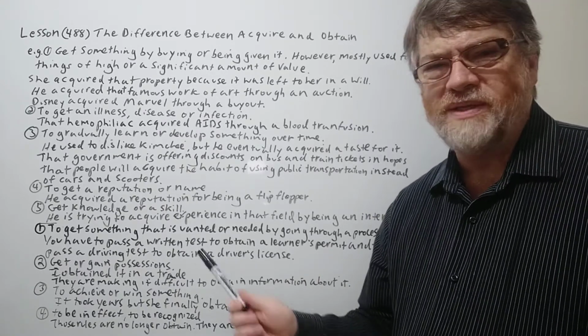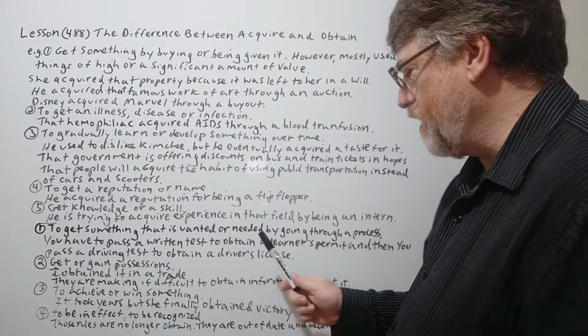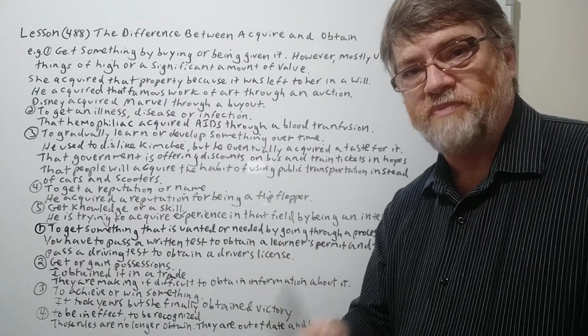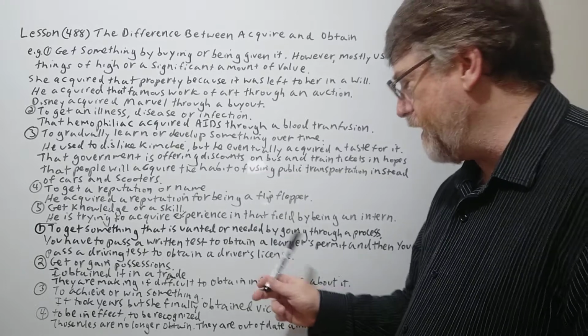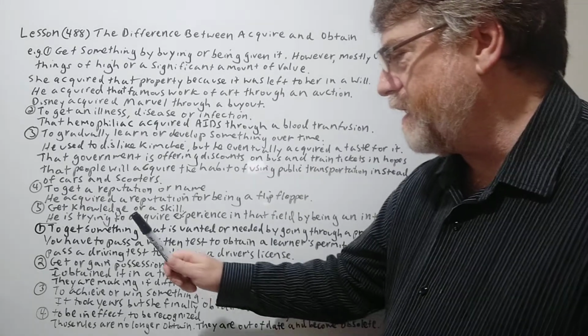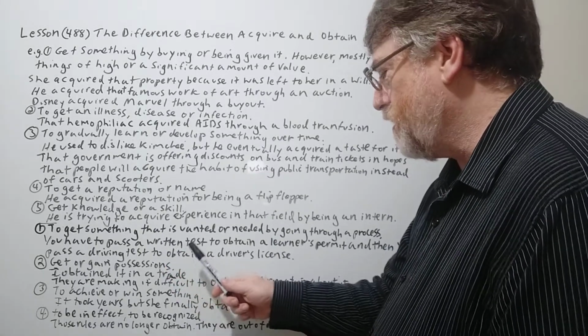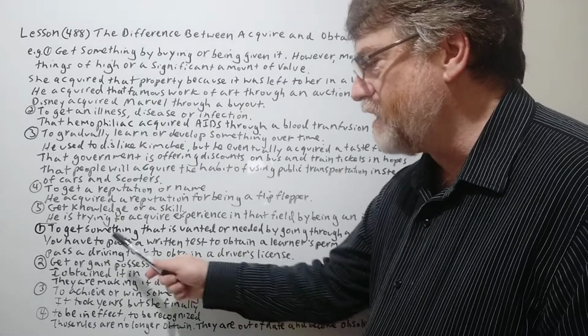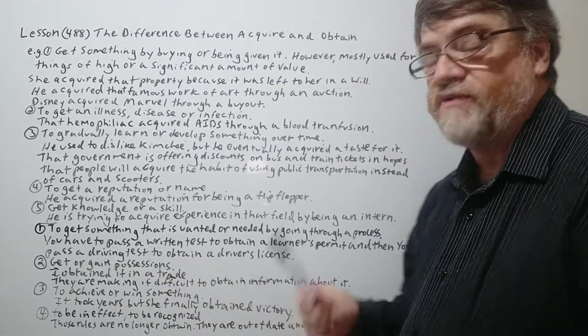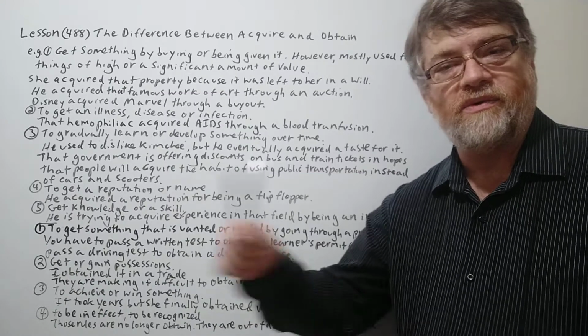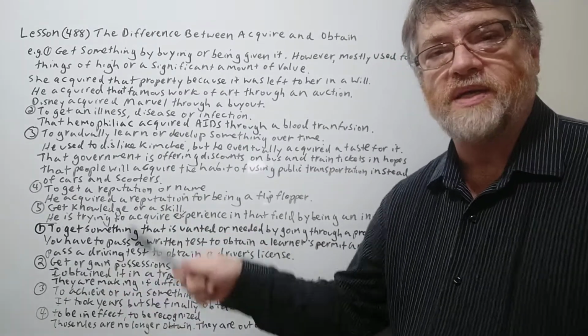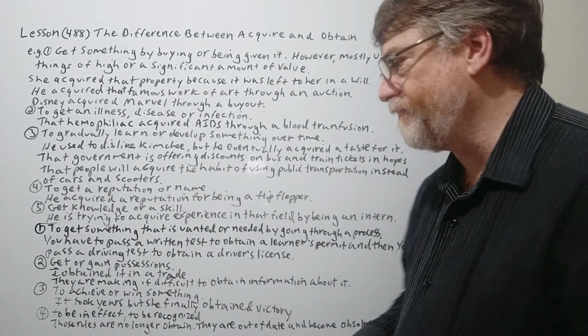So acquire would sound a little awkward here. You're going through the process, so this is better. It's to obtain, and then pass a driving test to obtain a driver's license. Yeah. So again, you're going through this process. Obtain is more common. All right.